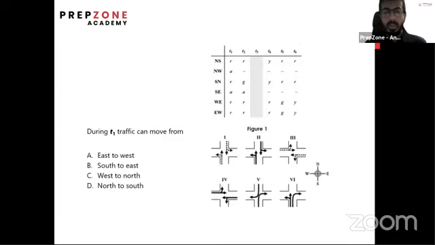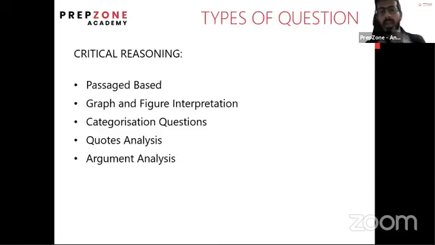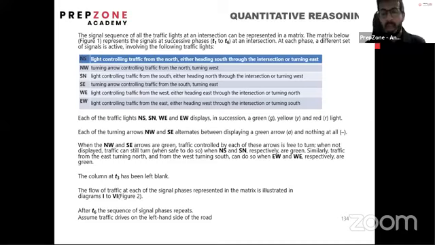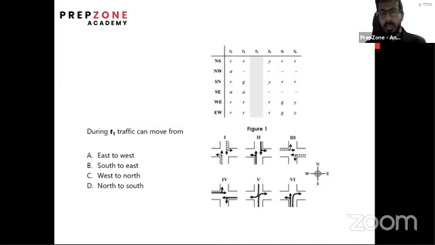Now the question over here is basically when during T1, traffic can move from which direction to which direction. Okay, so on top, the top diagram gives you the signals. So R is basically the red signal, A is basically the green arrow, R is again the red signal, G is the green signal, Y is the yellow signal.